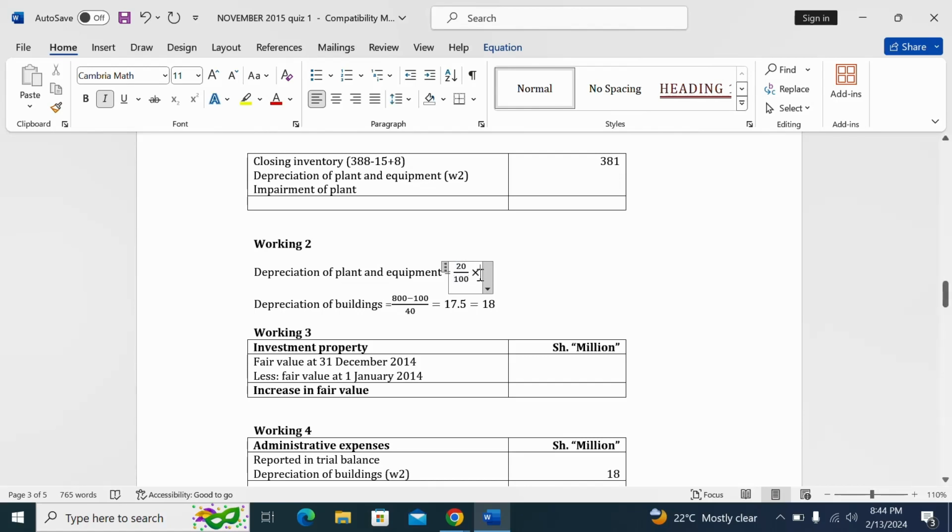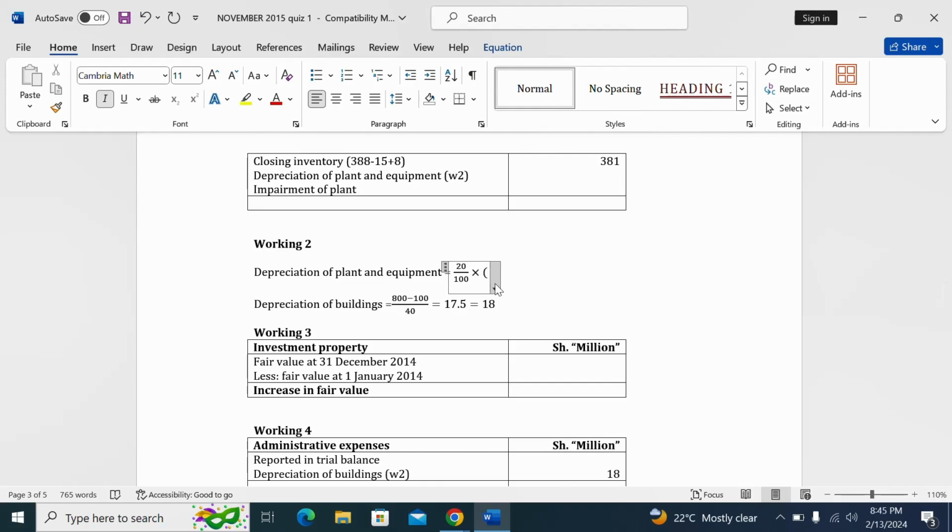Remember that the reducing balance basis is usually equal to the rate of depreciation multiplied by the book value of the asset being depreciated.